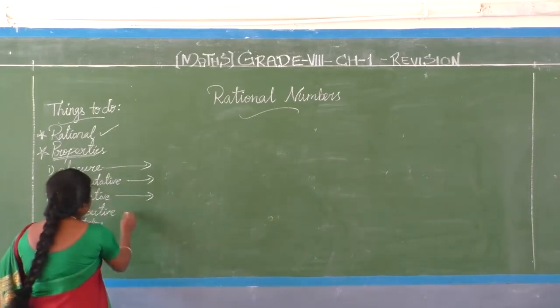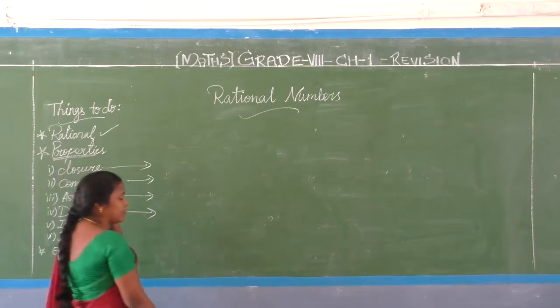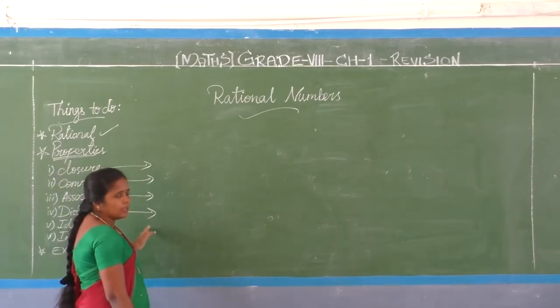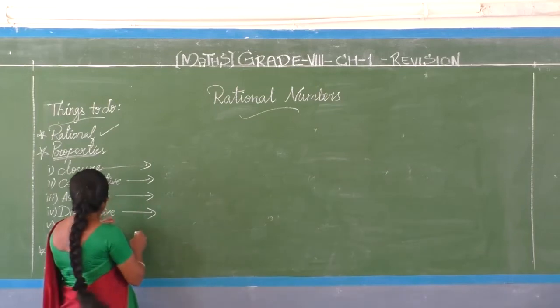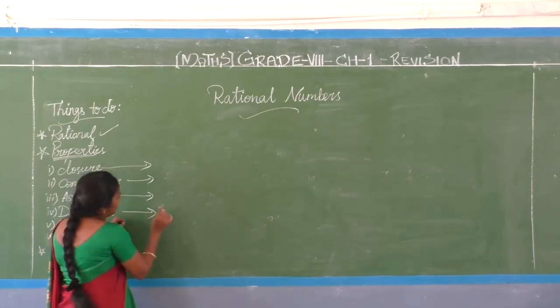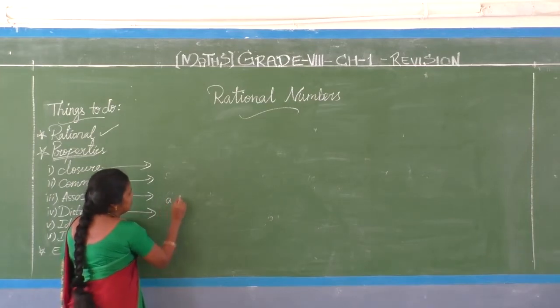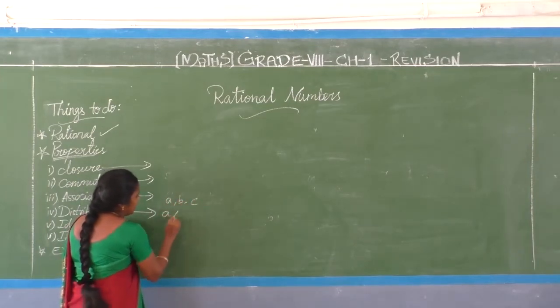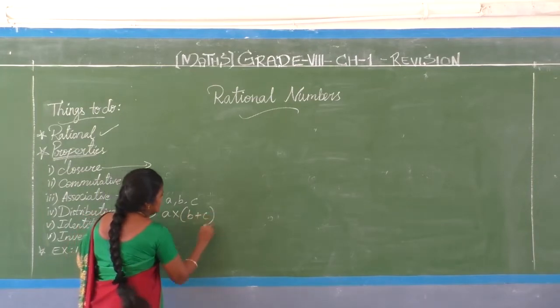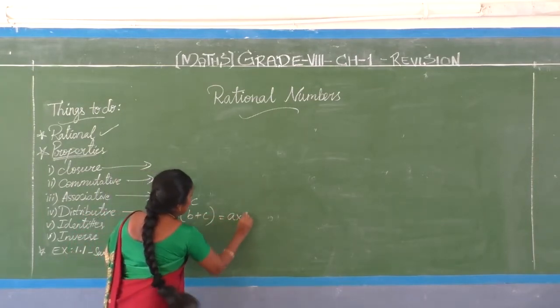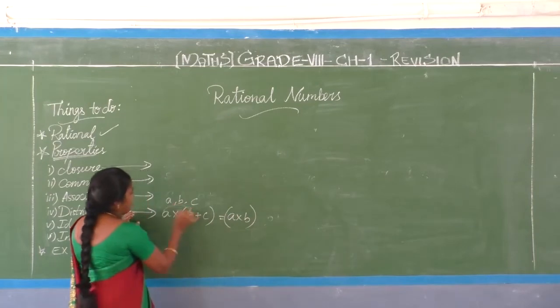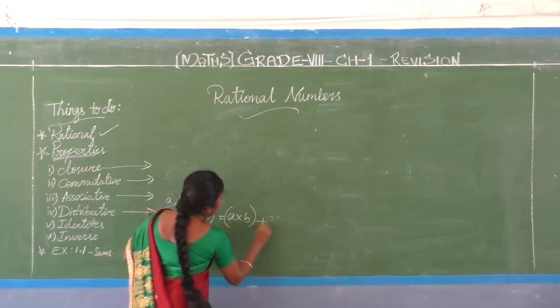See next, distributivity. This is a familiar result from 6th standard onwards. We are learning this. What is the formula for distributivity? Familiar result. See, for any three rational numbers a, b, c, a into (b plus c) is equal to a into b plus a into c.